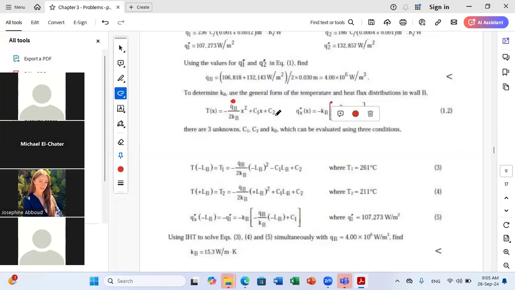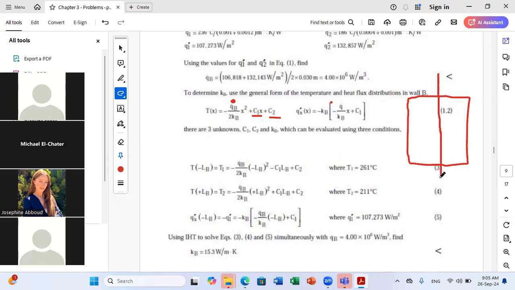And we know that to get the constants C1 and C2, all we have to do is apply the boundary conditions. Here in this problem, this is our material B, okay? If we take the axis at the middle, so let's say this is the y-axis and this is the x-axis, we have the thickness 2LB, okay?